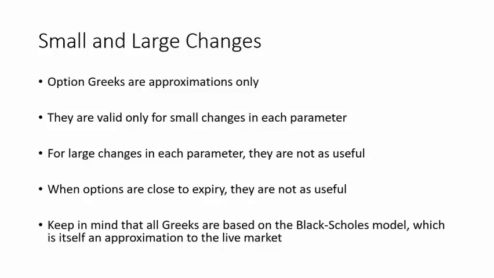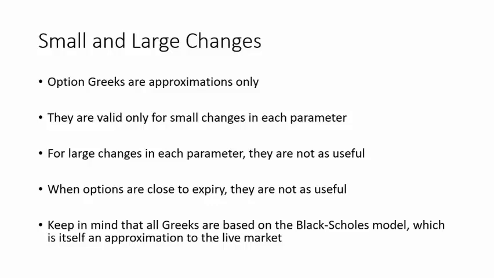So not only are the Greeks approximations within the model for small changes, the model itself, the Black-Scholes model, is an approximation to reality. So it's important to keep that in mind, and don't take it as the final definitive answer, but again, treat it as an approximation. That's very important. What is important to take away from this is to treat the Greeks as approximations and only use them for small changes in each parameter.